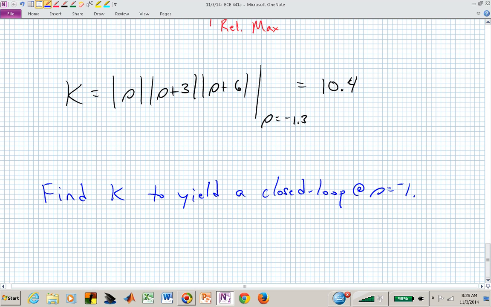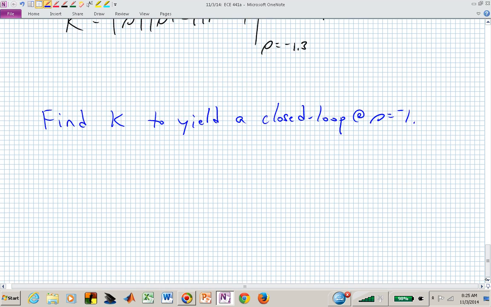Do you now see how you can use this gain formula to find pole locations in your closed loop system? You say you want something to be right at minus 1. You can just evaluate this expression for k at minus 1, and we've already actually done that when we were looking before, but now we're doing it for maybe a different reason. You would have to crank up the gain to 10 to get you to that minus 1 location.